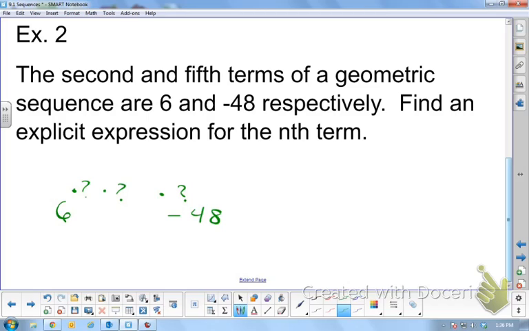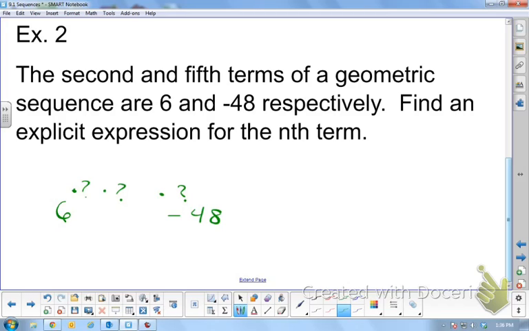Negative 18. No, that's not going to work out. I don't think that will actually work because multiplying 6 by 18 alone will be more than negative 48.